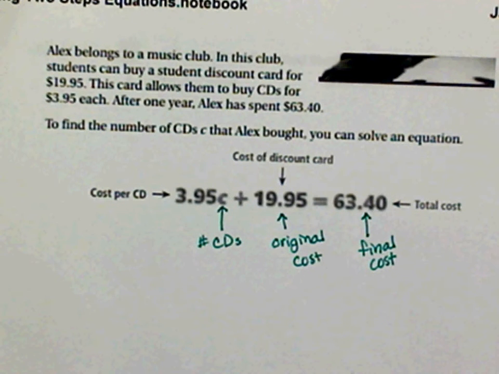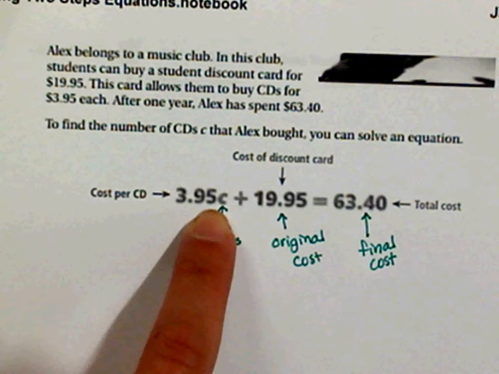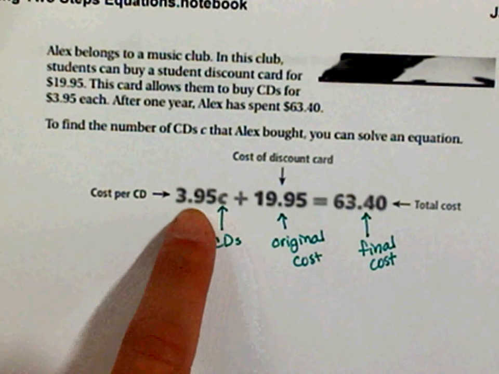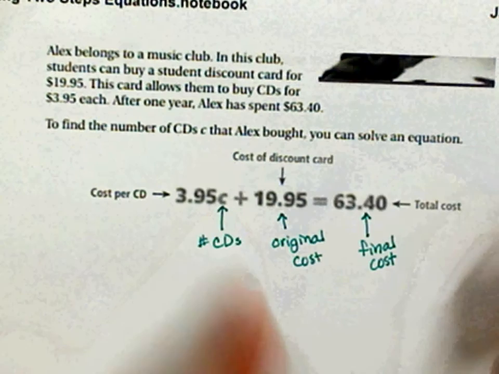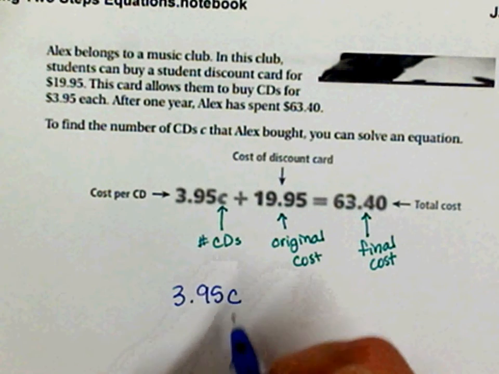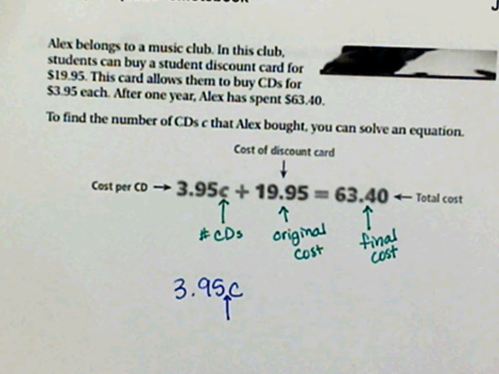Okay, so what math operation is this with a C right here? Is that adding, subtracting, multiplying, or dividing? What is this? 3.95C. It looks like this, $3.95 C. What math operation is taking place? Is that adding, subtracting, multiplying, or dividing? There's only 4.